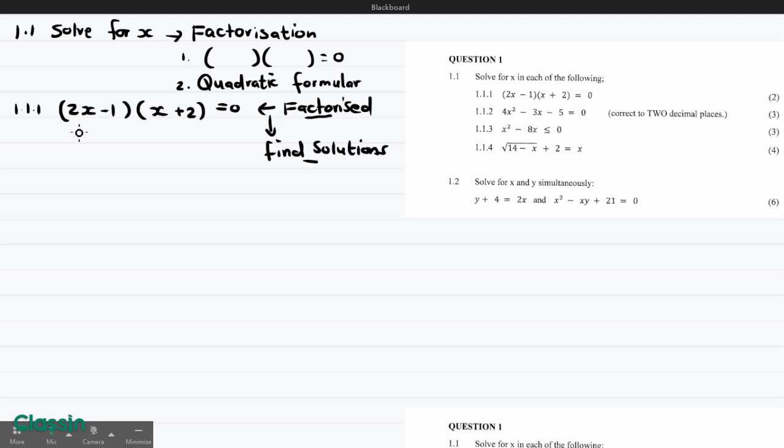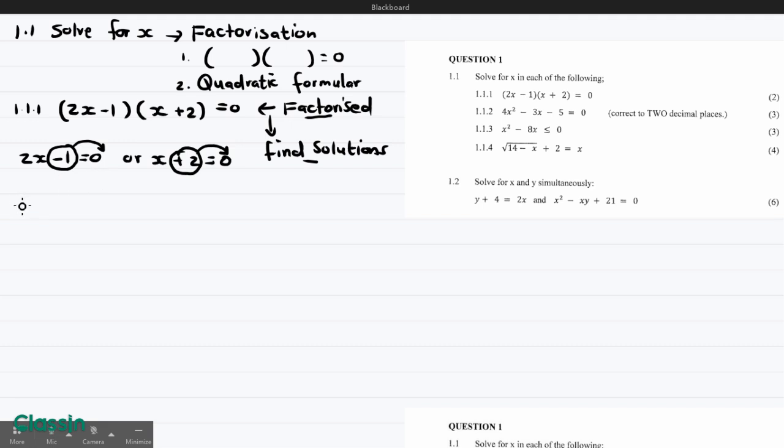We simply write 2x minus 1 equal to 0, or x plus 2 is also equal to 0. From here, we take this negative 1 and bring it to this side. We also take this positive 2 and bring it to this side.